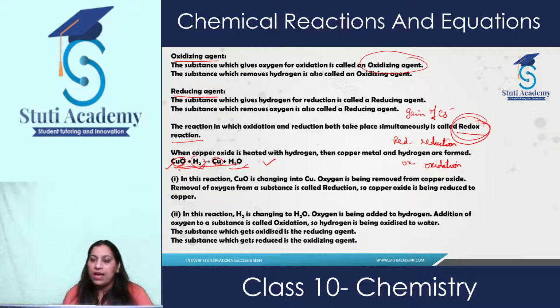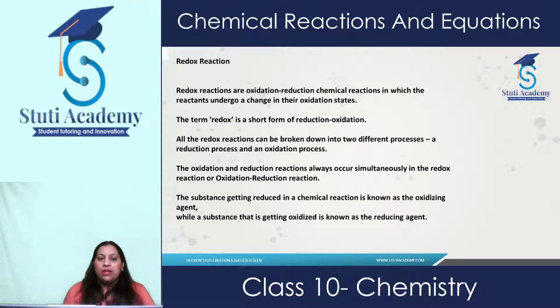When these two reactions take place together, we call it a redox reaction. In a redox reaction, when two reactions are taking place, the substance which gets reduced is known as the oxidizing agent, and the substance that gets oxidized is known as the reducing agent.